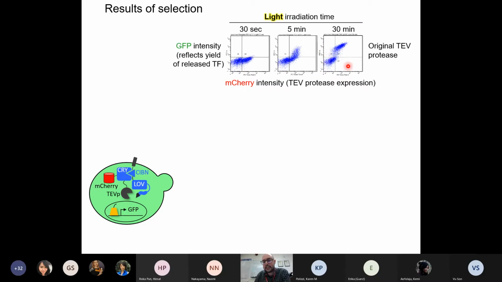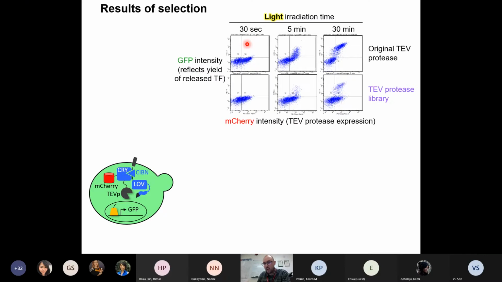Here you can see that the wild-type TEF protease requires 30 minutes to saturate the signal in the reporter gene expression, but in 13 seconds nothing happened. After I introduced the mutations by homologous recombination, some of the mutants are dead, and that makes total sense because, for sure, there are some mutations that are impairing the catalytic activity.